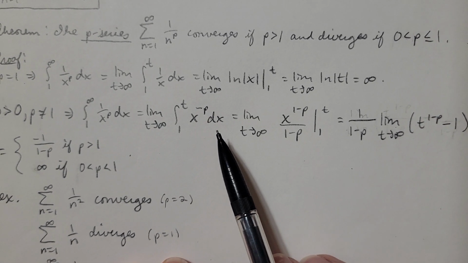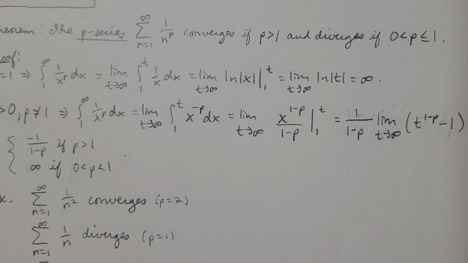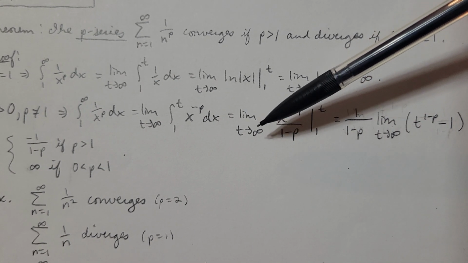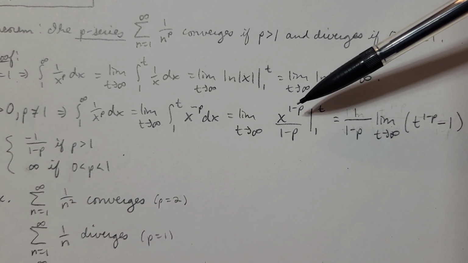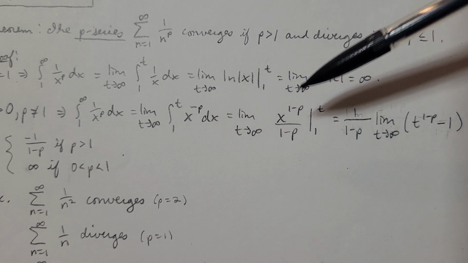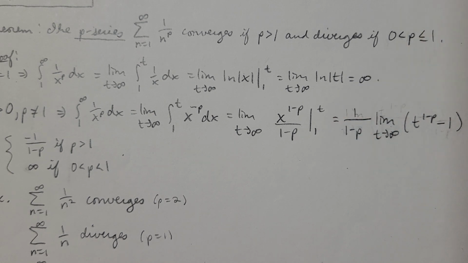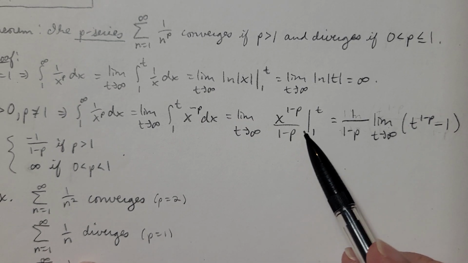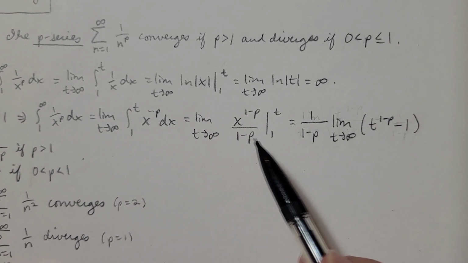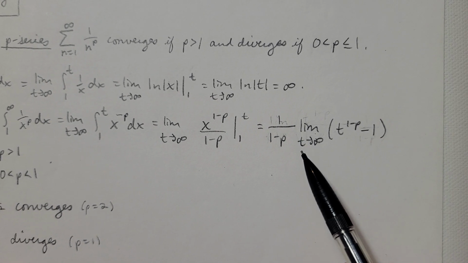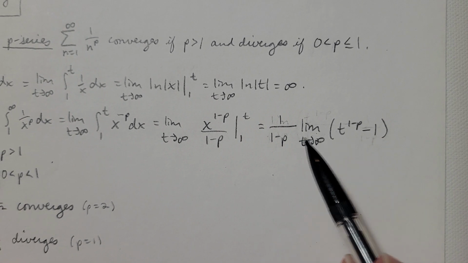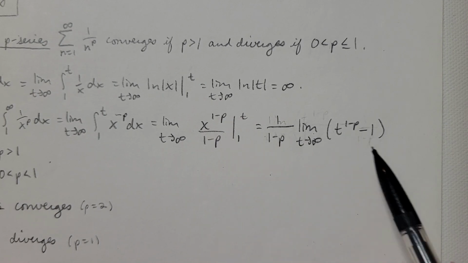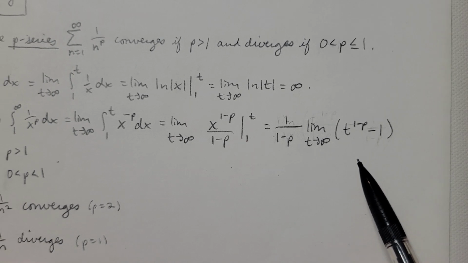And using the power rule, add 1 to the power and divide by the new power, we got the limit as t approaches infinity of x to the 1 minus p divided by 1 minus p, going from 1 to t. 1 divided by 1 minus p is a constant that can come outside of the limit, because anything involving t has to stay inside the limit, of course. So if I plug in the bounds, I got t to the 1 minus p minus 1 to any power, which is always 1.